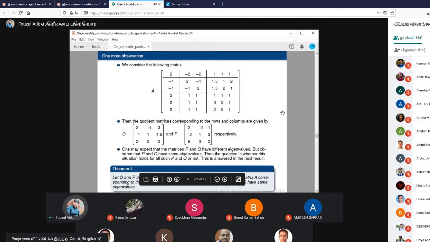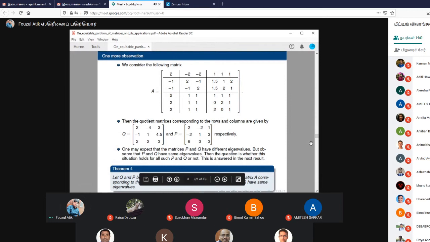The eigenvalues of the matrices P and Q are the same. Actually, they are similar. If you see the result, you can see they are similar. So we cannot get a different eigenvalue. Whatever eigenvalues we can get from Q, we can get from P also. But note that I am saying the same partition set.